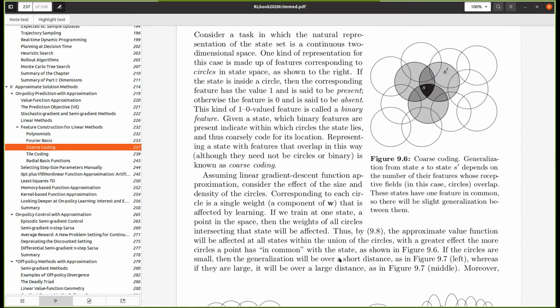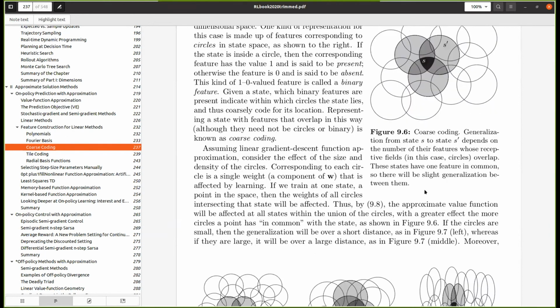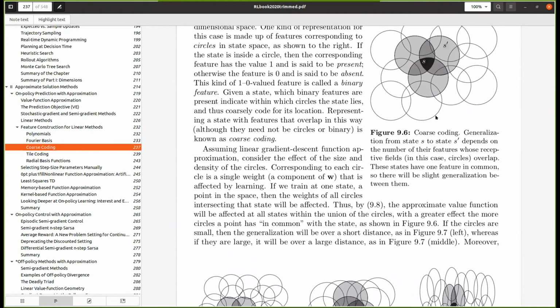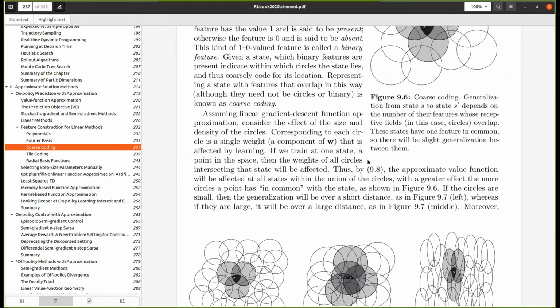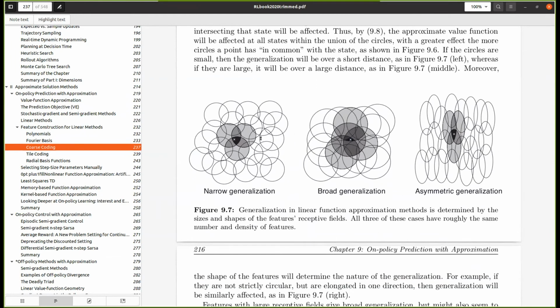And we can measure a similarity of states judging by the similarity of the vectors produced by coarse coding.